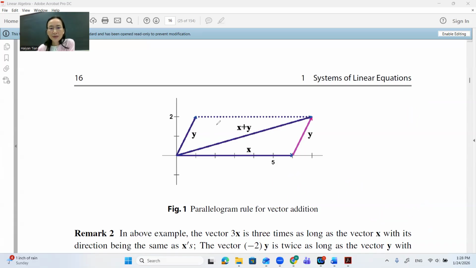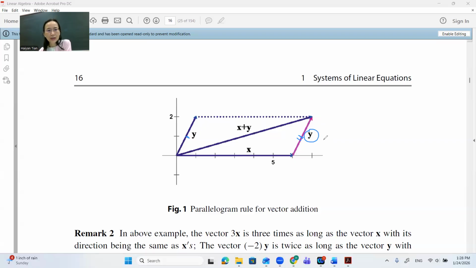So we can also see this. If you draw the x and the y and then you form a parallelogram, that means you find the same y, which is the same vector y at a different location. You see, this is the same y, right? Because it is pointing to the same direction, same length.